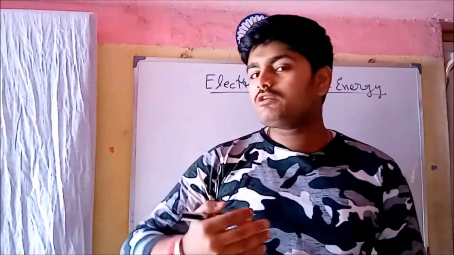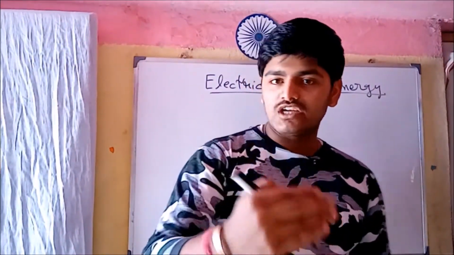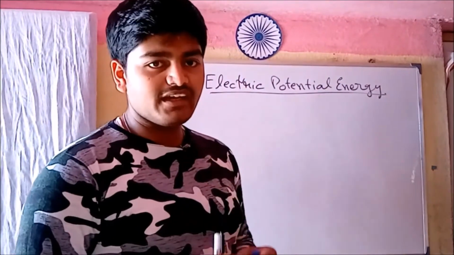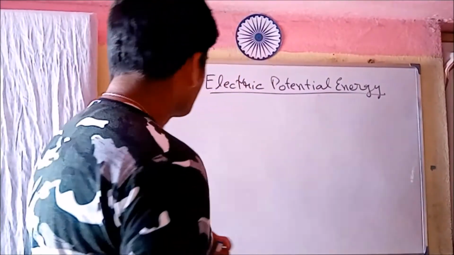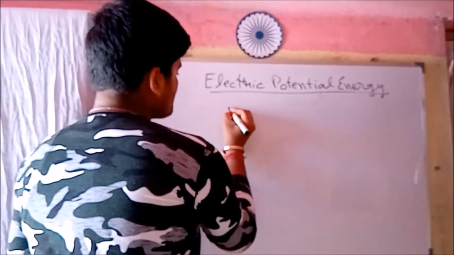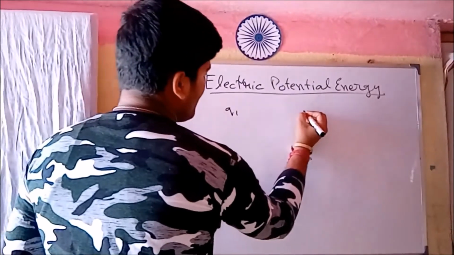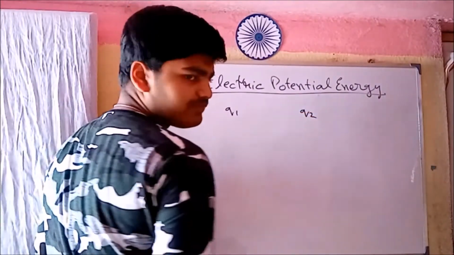But continuing with that same reference point, in our class 12 syllabus we'll get a bigger calculation, but it's easy too. Let's check what that is. Consider two charges, Q1 and Q2.